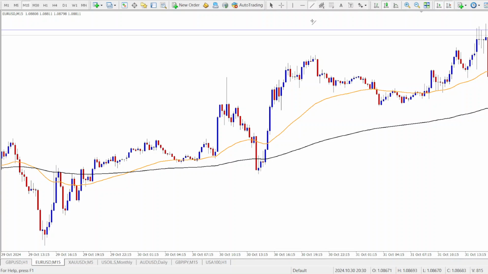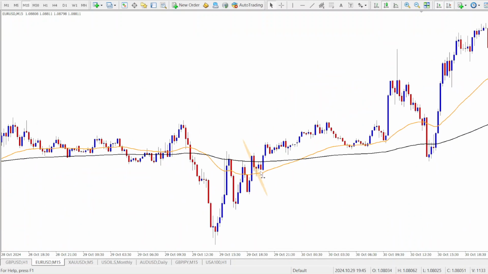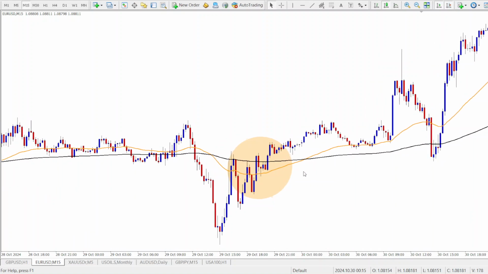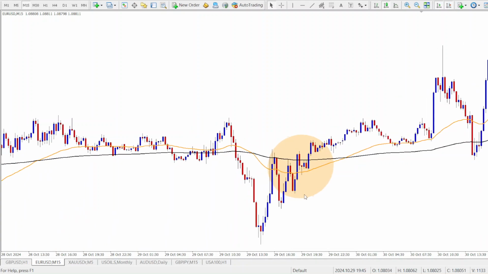And basically, when that happens, we have a bullish crossover, when the shorter EMA crosses above the longer one.